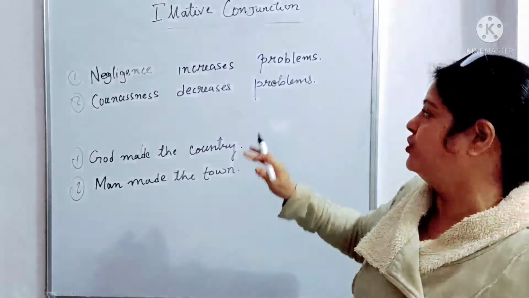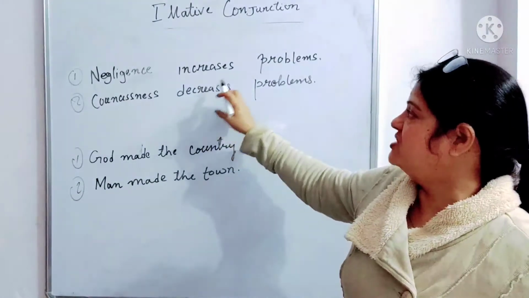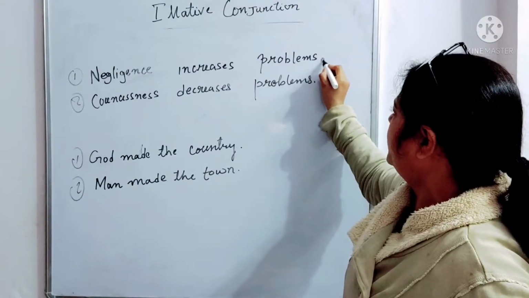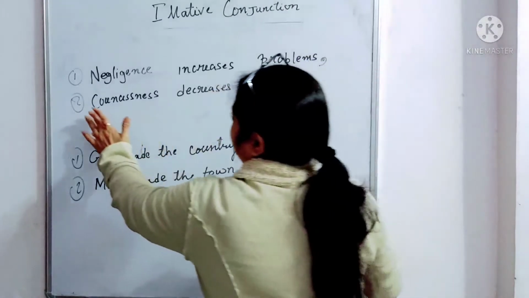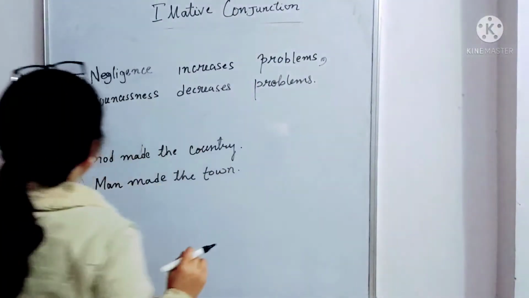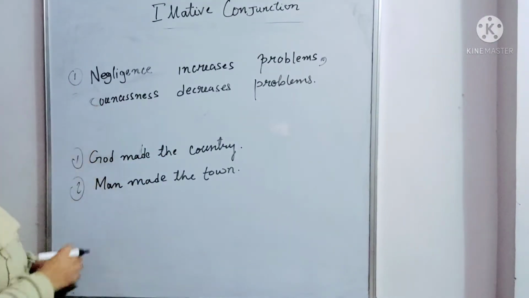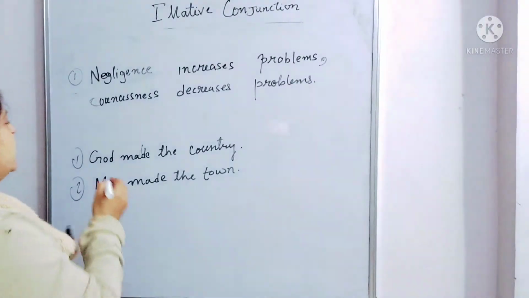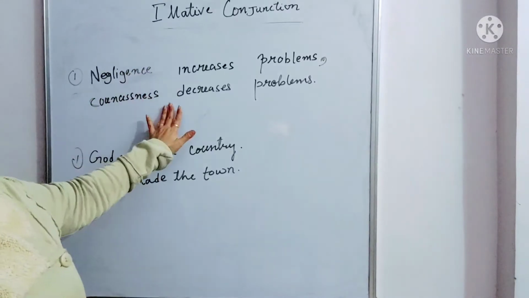Rather, we would write the first sentence, negligence increases problems, and after this we are going to put a comma. Okay. After putting the comma, we will write the second sentence in small letter: consciousness decreases problems.